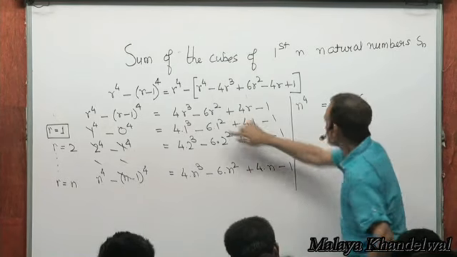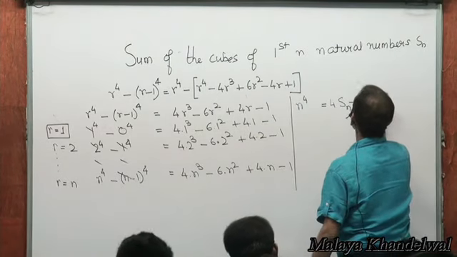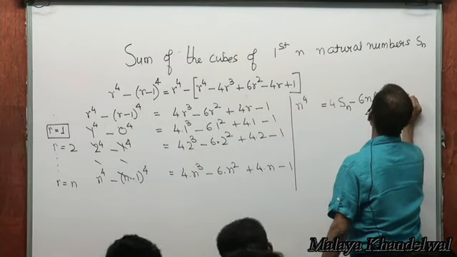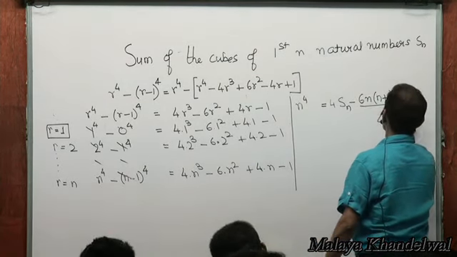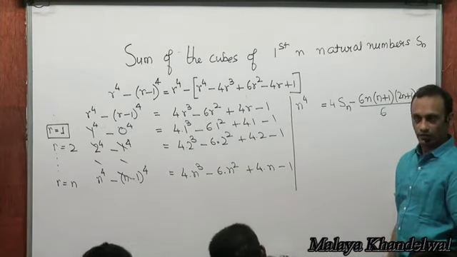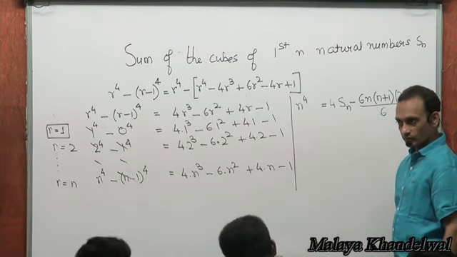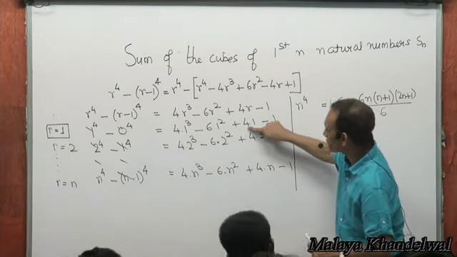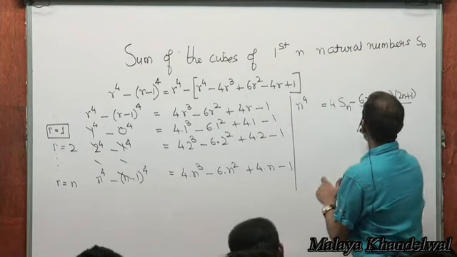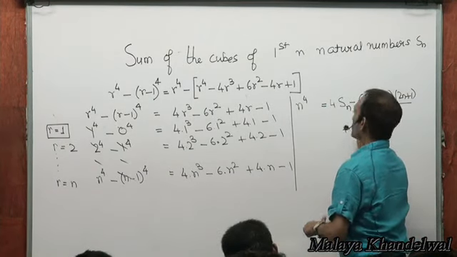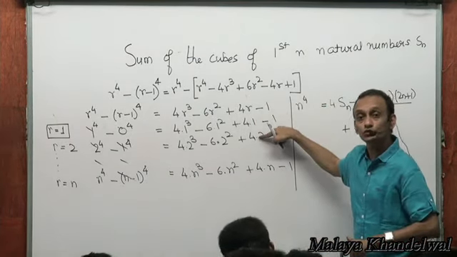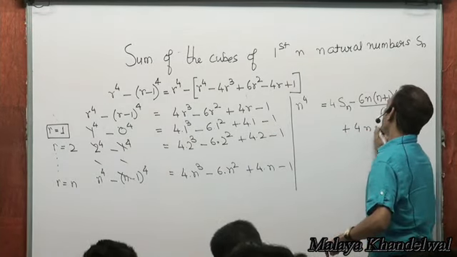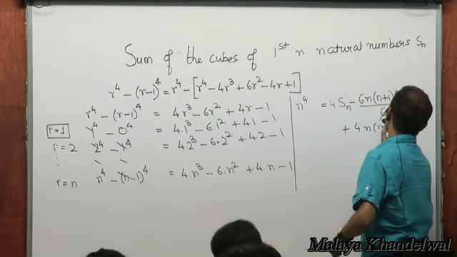And the sum of the squares of the first 10 natural numbers, like we figured out, is n into n plus 1 into 2n plus 1 by 6. And then next one, plus 4 into 1 plus 2 plus 3 plus n, which is n into n plus 1 by 2.